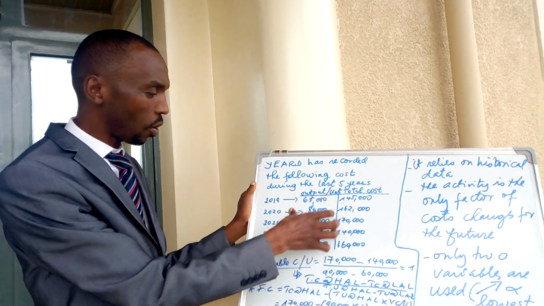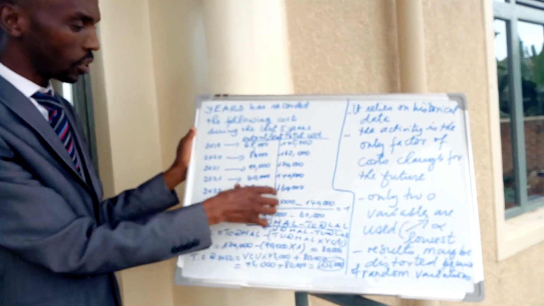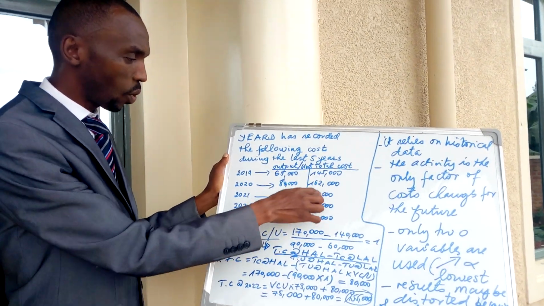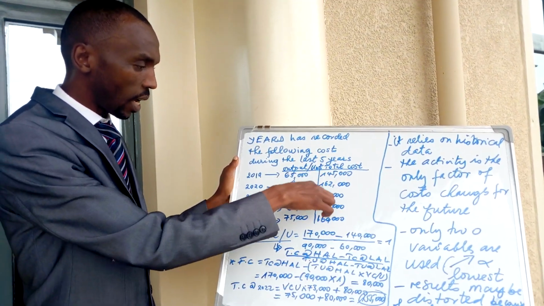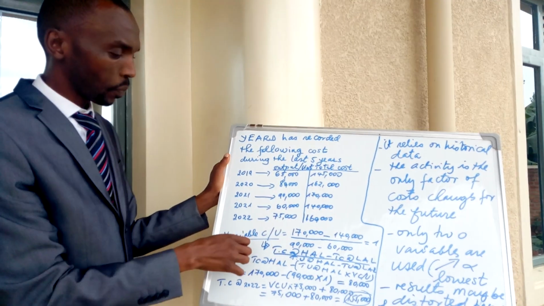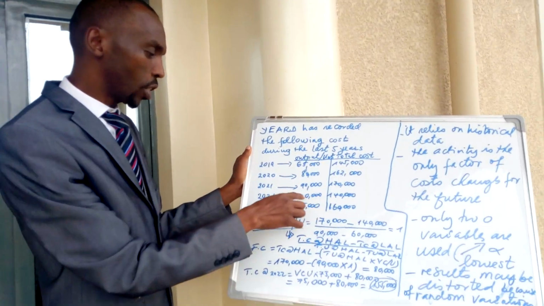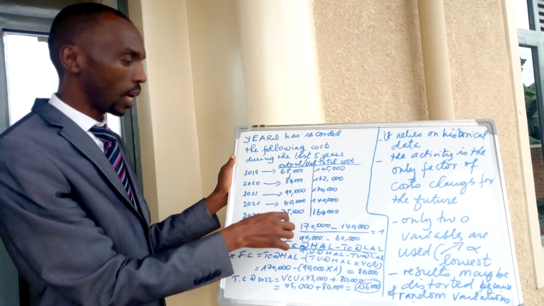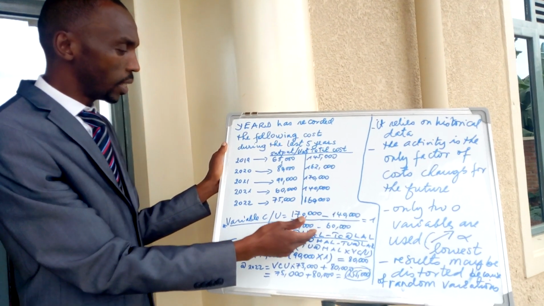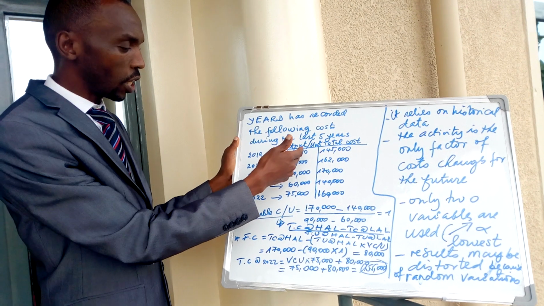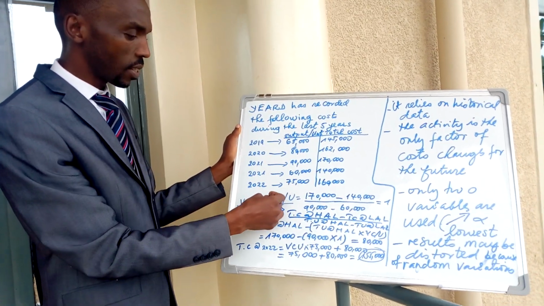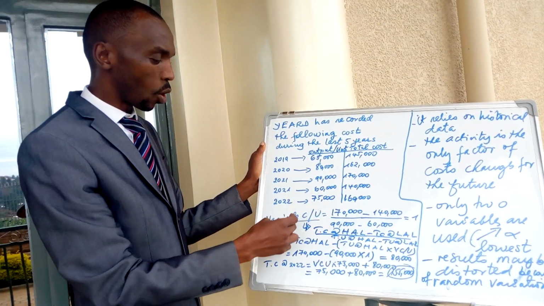If you check here on the related data, you can now see that 170 is the highest total cost, and 140 is the lowest total cost, while on the output for the units you can now see that 90 is the highest and 60 is the lowest.